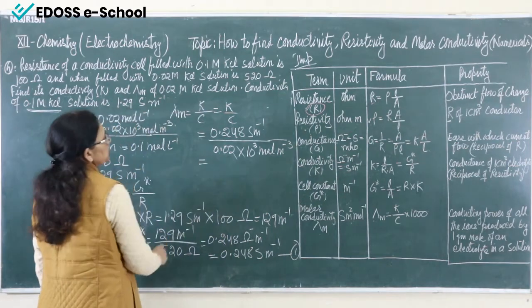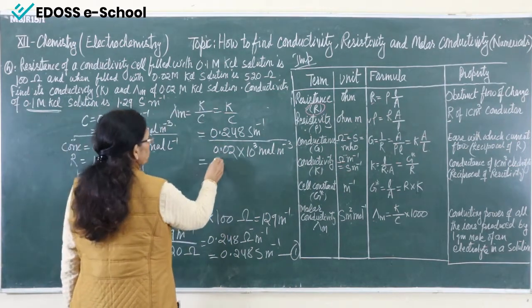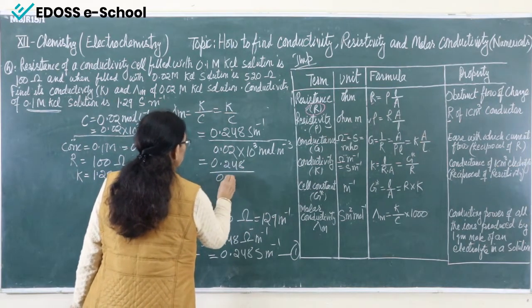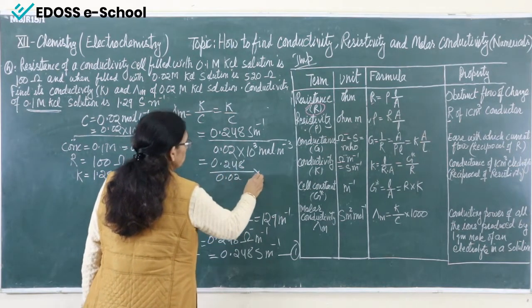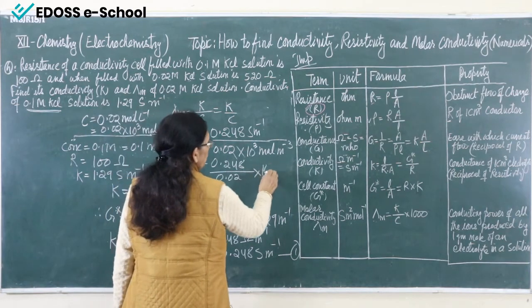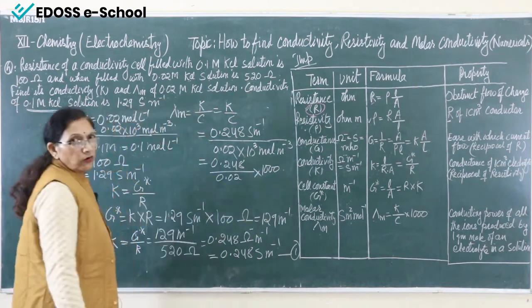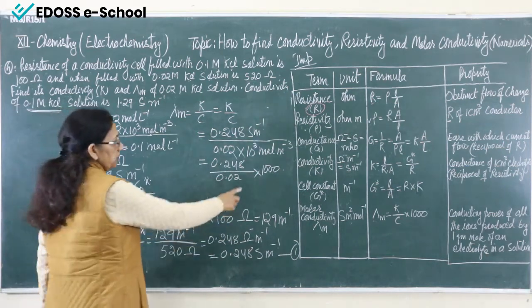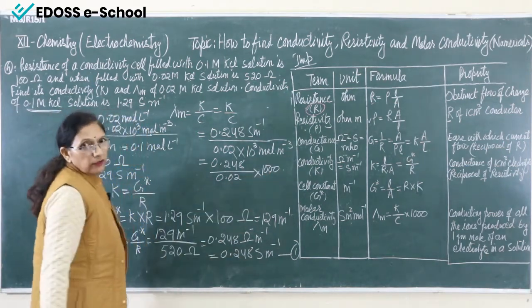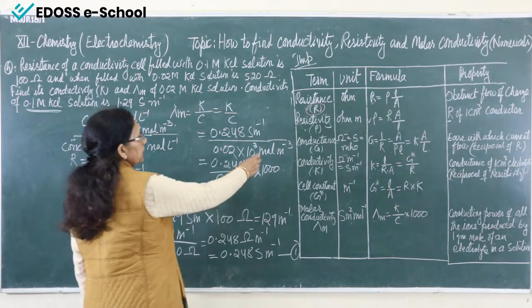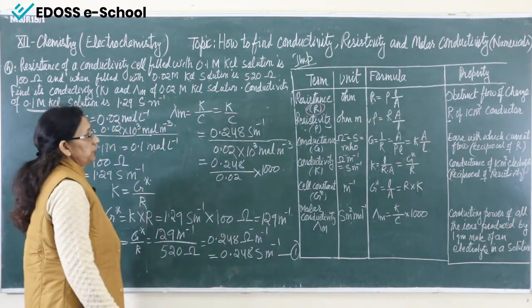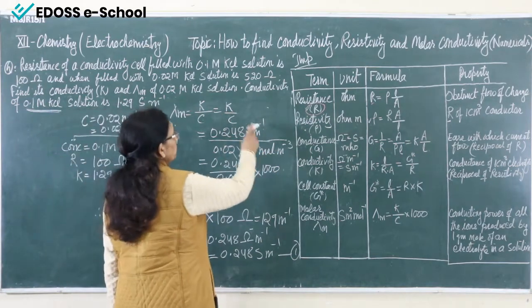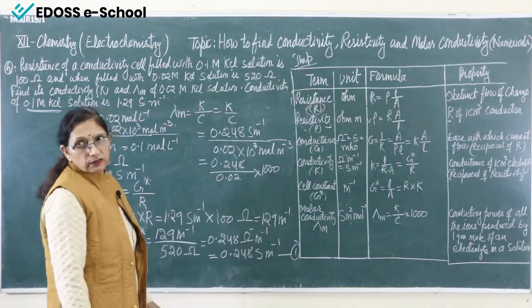Now you can see here, this is equal to 0.248 upon 0.02, and now this power will go up and it will become 1000. So the same formula will come here, K upon C into 1000. This is the only difference. If you are taking concentration in mole per liter, then you have to convert it into cubic meter, and you will multiply this formula with 1000.